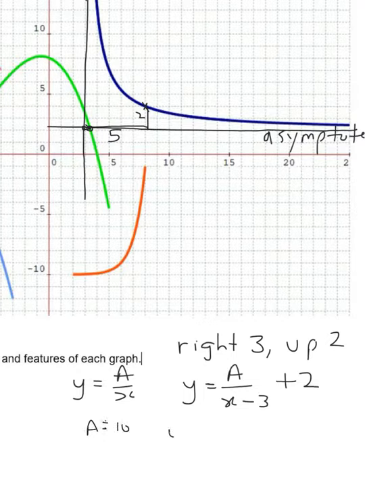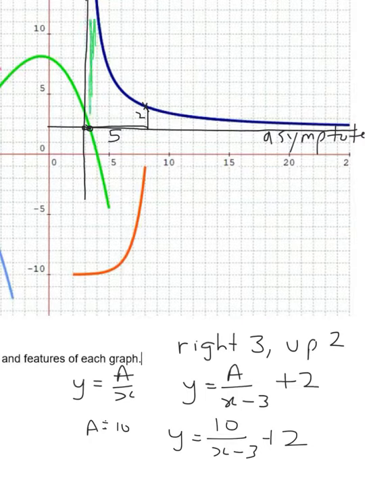My graph is going to be y equals 10 over (x minus 3) plus 2. Remember, x cannot equal 3. That graph gets closer and closer to x equals 3 here. This part of the graph gets closer and closer to x equals 3. So you must have that.